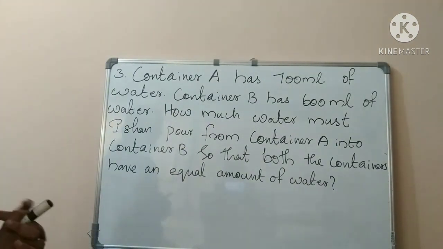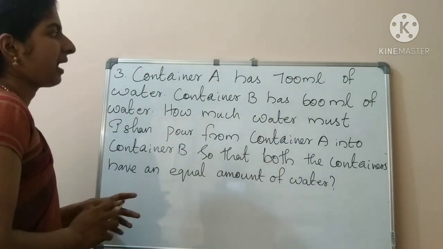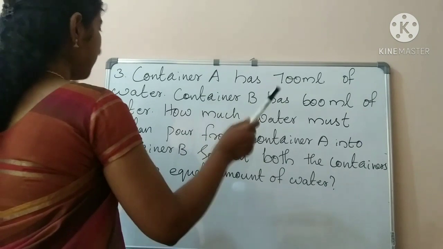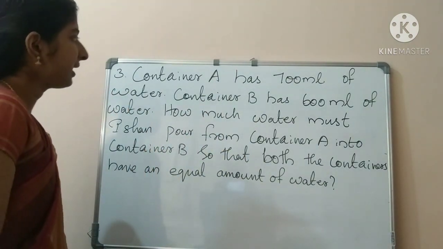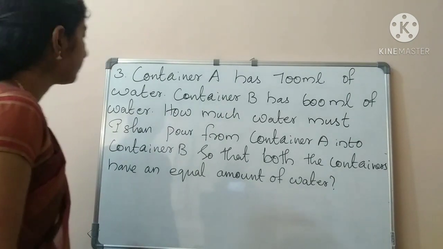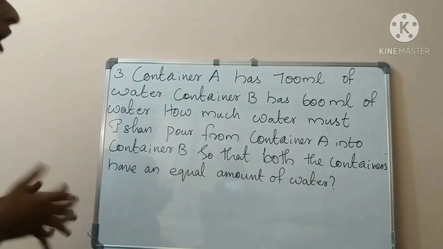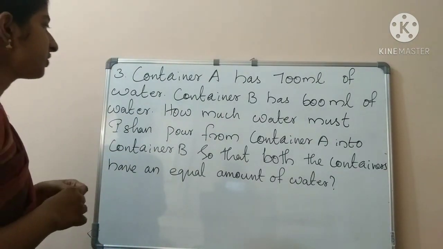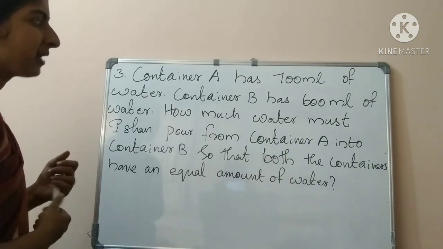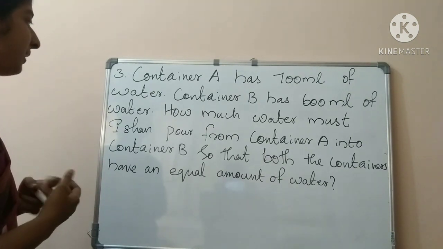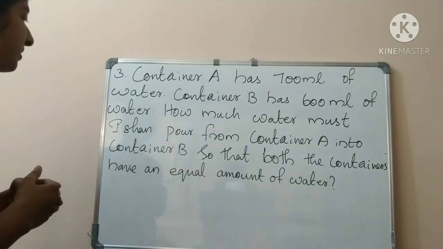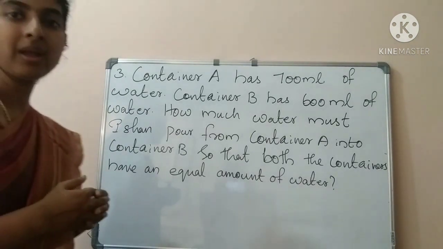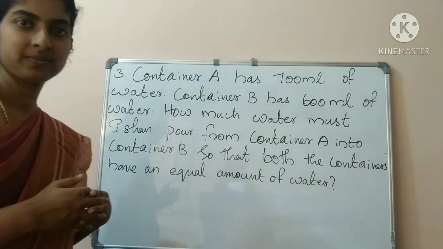Third question. Container A has 700 milliliter of water. Then container B has 600 milliliter of water. How much water must Ishan pour from container A into container B so that both the containers have an equal amount of water?